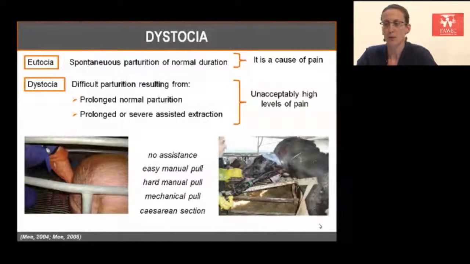And here we have an example of a 5-point scale regarding the traction pressure applied to the cow. From minimum pain to maximum pain, we can observe non-assisted calvings, easy manual pull, so that means the farmer or veterinarian pulls by hand, the hard manual pull, where normally we can use a rope, the mechanical pull when we use a puller, and finally the most painful one, the cesarean section.